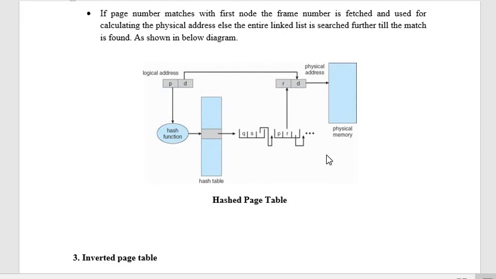Instead of having the page table over there, where we use the page number as the index to get the frame content and then move there, here we fetch the page number, perform the hash function, and store the hash value in the hash table. Again, for any logical address the CPU generates, to search for the frame number we just fetch the value from the hash table and match it with any of the page numbers it is pointing to.